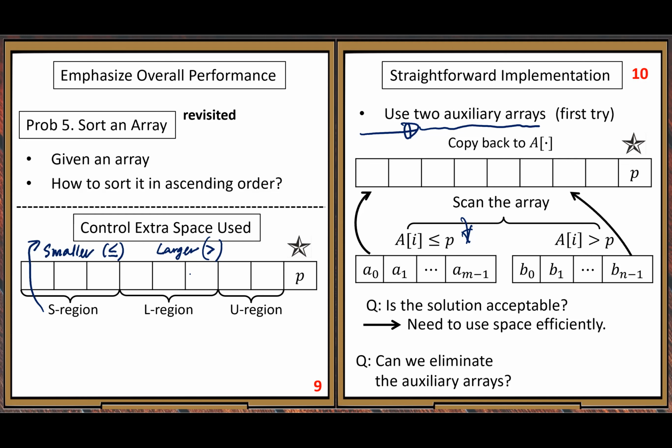All right. So we use 3 different regions to organize 3 different types of elements in the original array. So when we do the manipulations, we need to move our elements around among these 3 different regions.